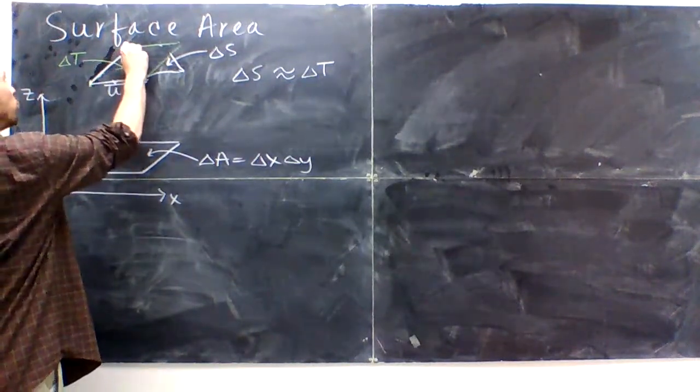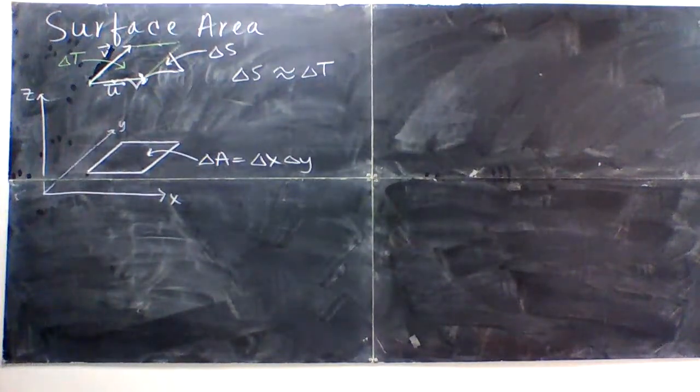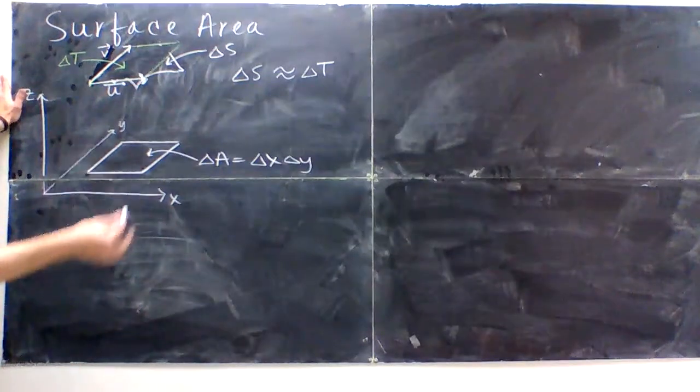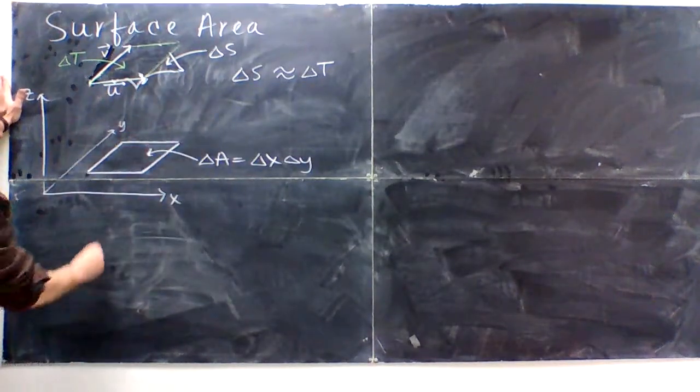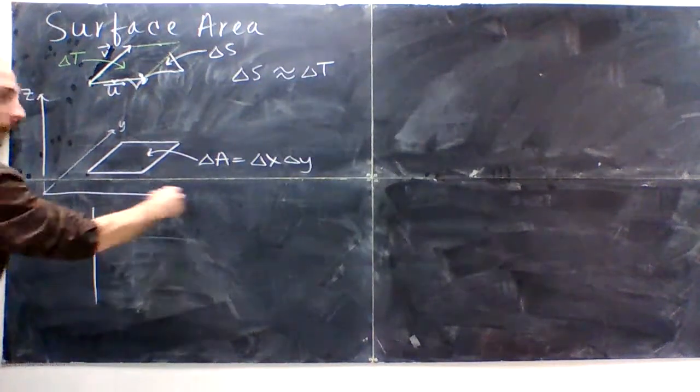I'm going to call this one v. And then I'm going to draw you some side diagrams here. I probably should use a different color there because that's starting to look a little sloppy. So in order to find out what is going on with u, I'm going to graph z versus x.